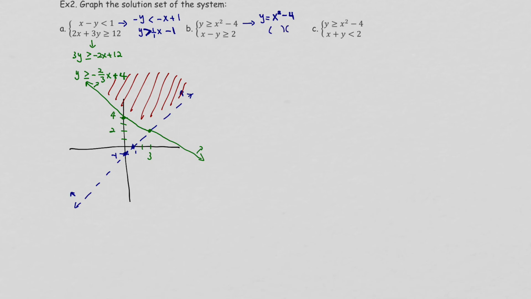And when you factor to solve for x, you get x-intercepts positive 2 and negative 2. So let me draw that first. The parabola starts from negative 4, passing x-intercepts 2 and negative 2.